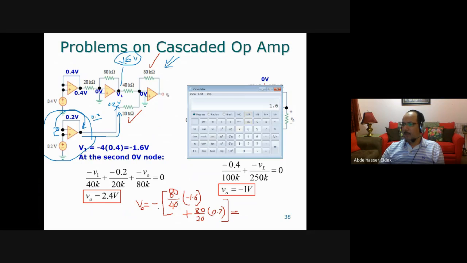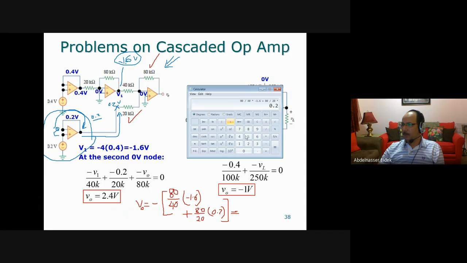Then you can calculate it and find the value of VO. We have a negative sign outside, so don't worry about this negative. We know that it is negative at the end. 80 divided by 40 times 1.6, and it is negative, plus 80 divided by 20 times 0.2.